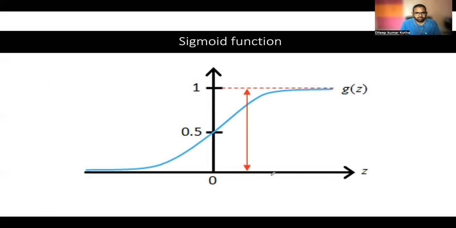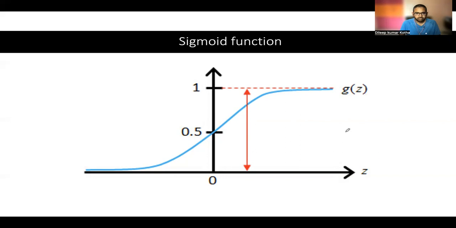And one thing you can see is if z is less than 0, g of z is automatically less than 0.5. And if z is greater than 0, g of z is greater than 0.5. So I might use hypothesis and g of z interchangeably, but you can see the intuition here. Here our z is nothing but our hypothesis. And as our hypothesis is a negative value and it approaches negative infinity, g of z becomes 0.